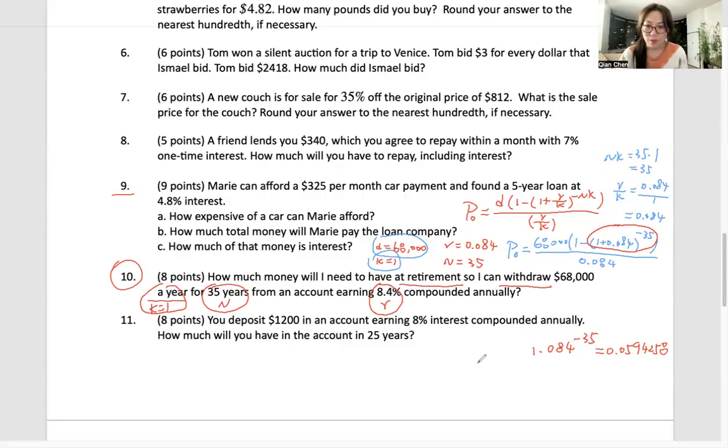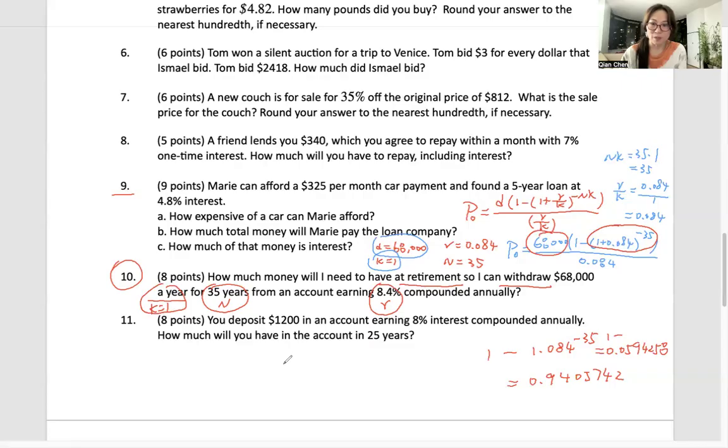If we subtract it from 1, we get 0.9405741, or maybe 42. So we get this number. Then we multiply by this number.